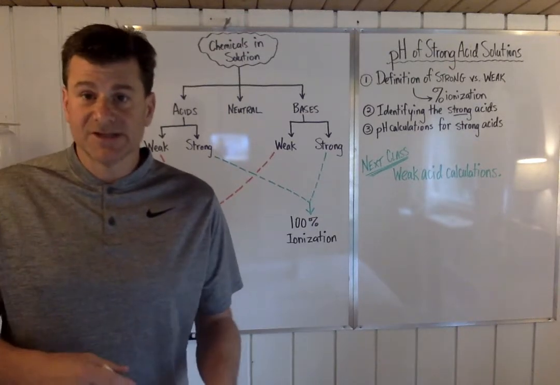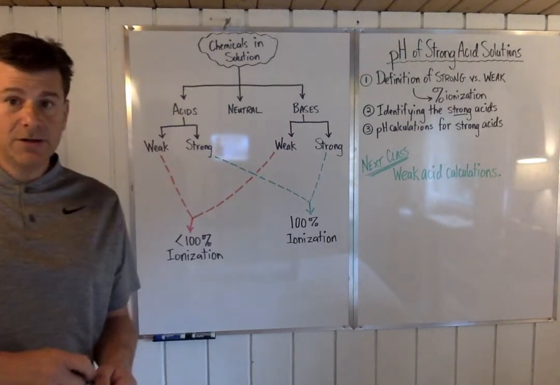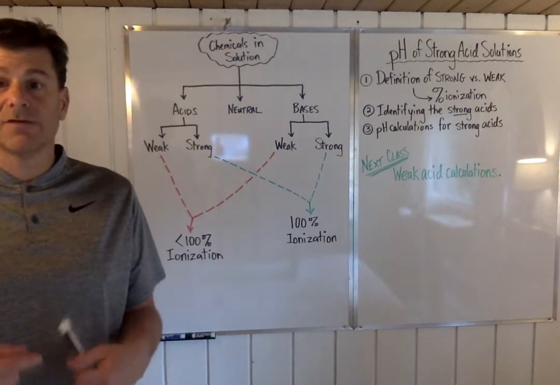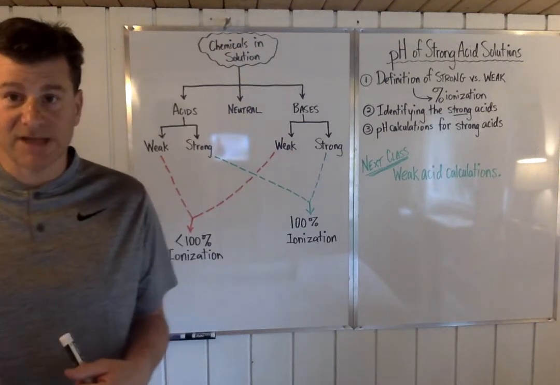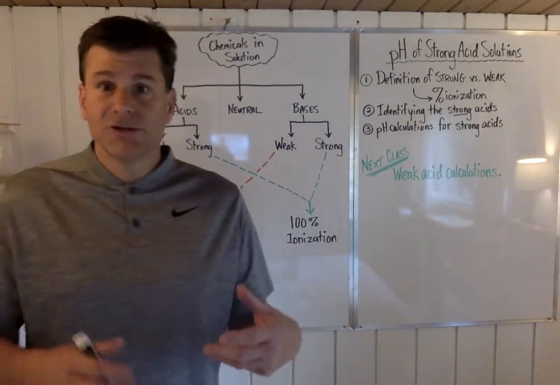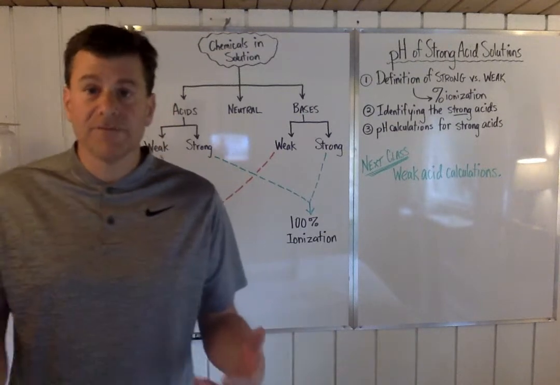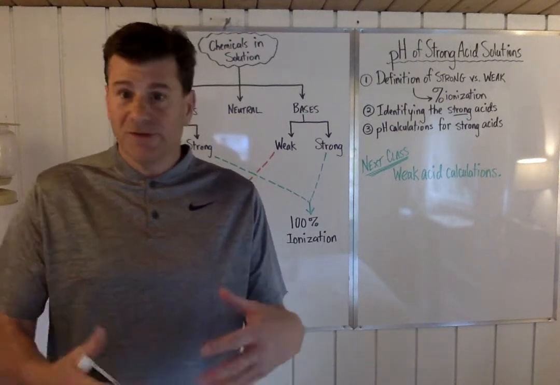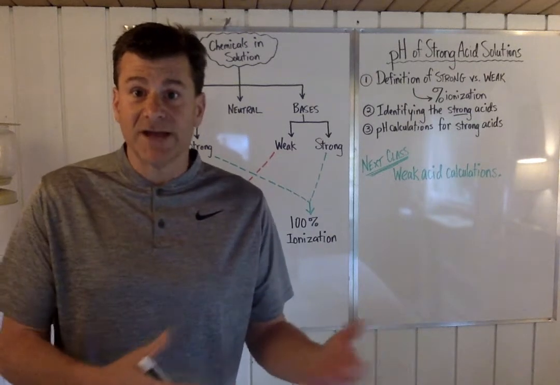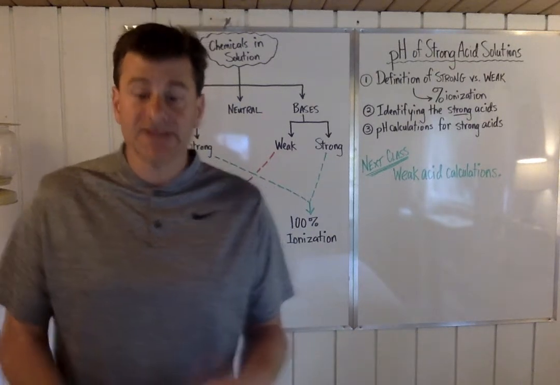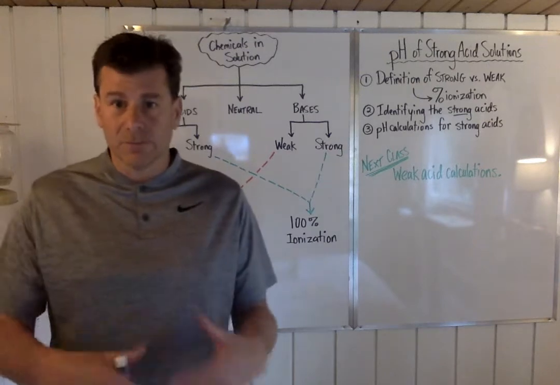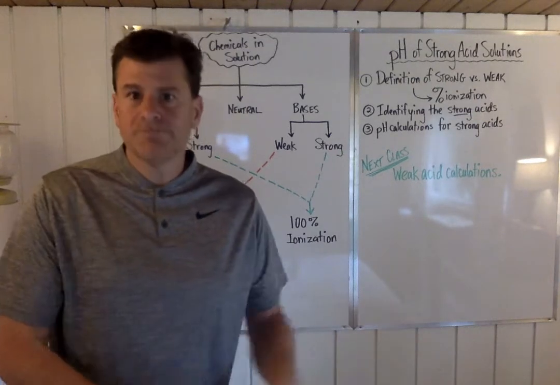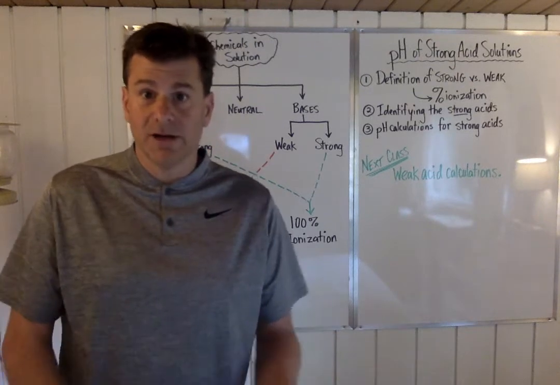We'll get into that in just a sec. The red line, for the weak acid and the weak base, is pointing to the same thing: less than 100% ionization. So to categorize strong versus weak substances, it has to do with whether or not, when you put them into water, they react 100%. React meaning ionize, because that's what acids and bases do. They ionize when you put them into water. Do they do it 100% or not 100%?